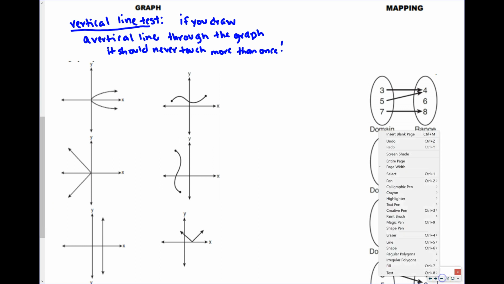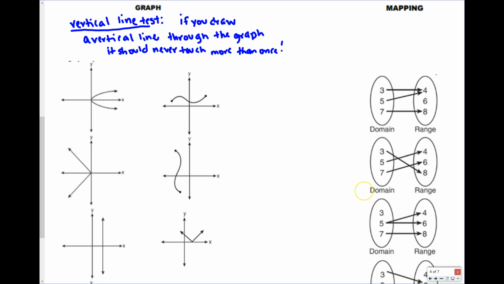So what I mean by a vertical line going through is if I draw a vertical line, and remember that's an up and down one, how many times does it touch? It touches here and it touches here. So this is not a function. It's that simple. Here, I draw a line, it touches more than once, so it's also not a function.